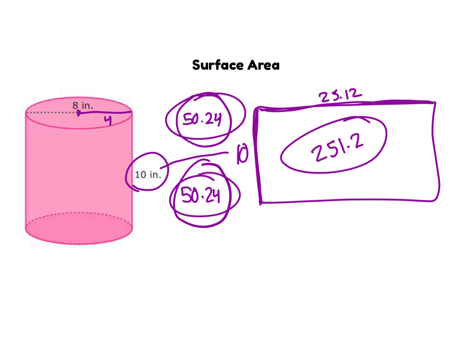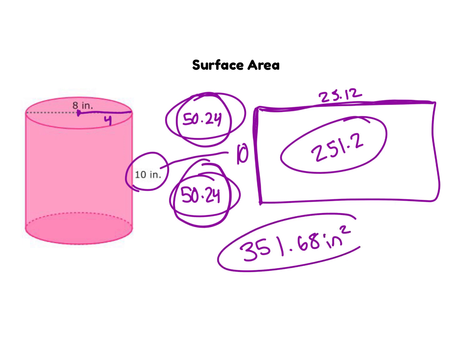So let's see, 50.24 plus 50.24. I made a mistake in my typing. Just a second. 50.24. I got 351.68 inches squared.